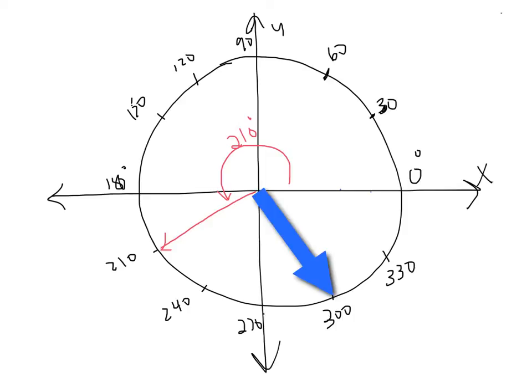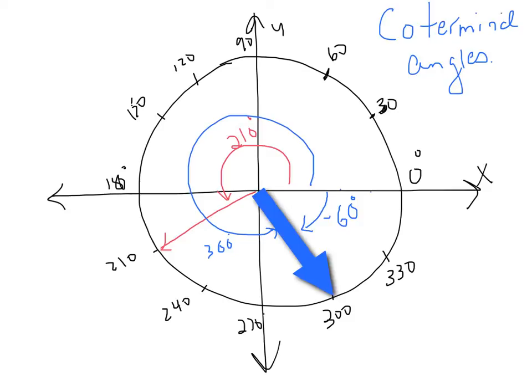Did I go from my initial side all the way around counterclockwise this way, 300 degrees? Or did I simply, from the initial side, go clockwise 60 degrees, which would actually be negative 60 degrees? Those are what we call coterminal angles.